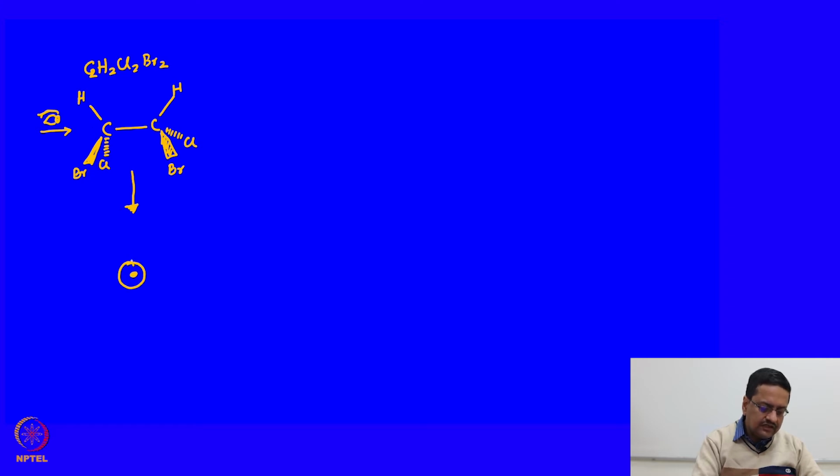The front carbon has the hydrogen up, the bromine is on the right hand side, chlorine is on the left hand side. Similarly, for the back carbon, hydrogen is above, bromine is on the right hand side, and chlorine is on the left hand side.